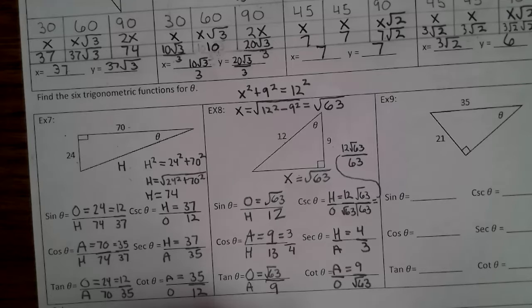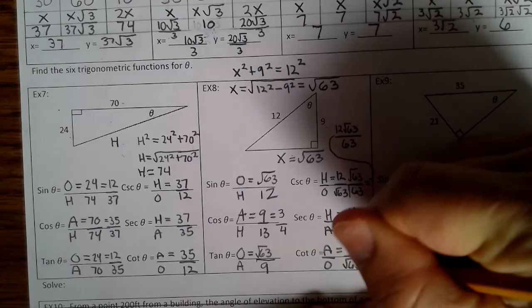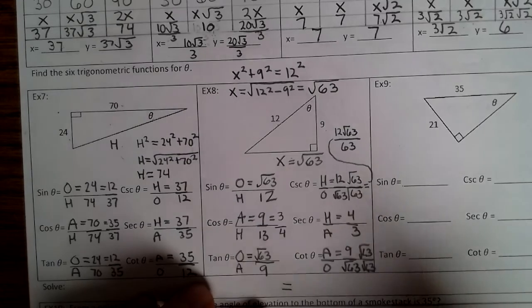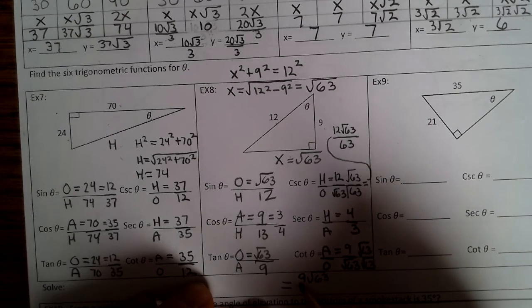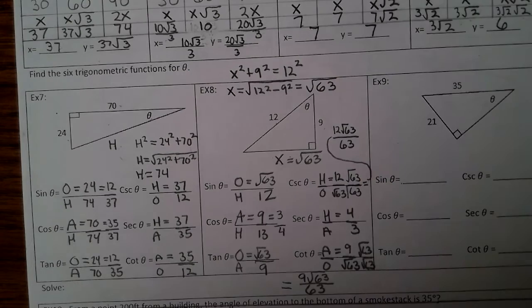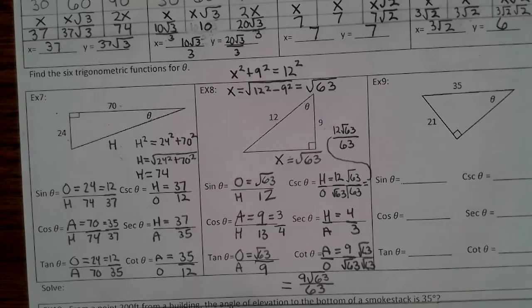Then that becomes 9 square root of 63 divided by 63. And I believe that reduces to the square root of 63 divided by 7.